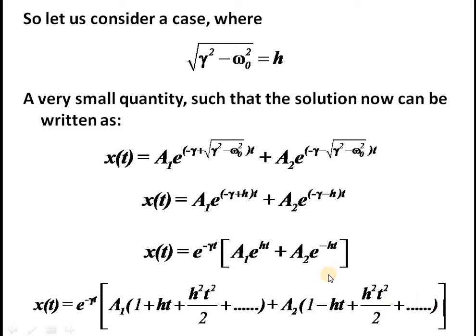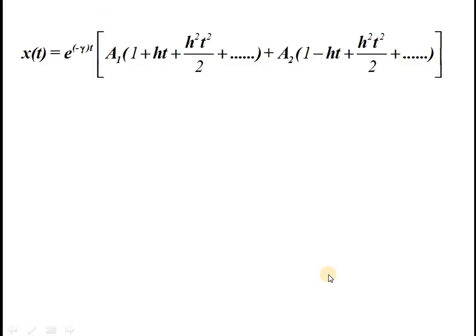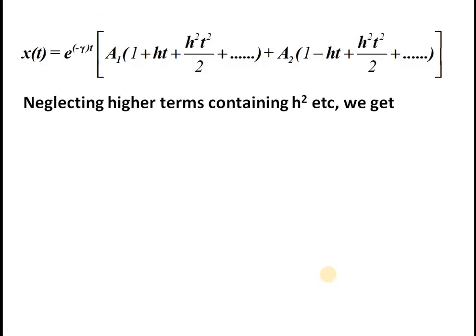So what we can do now, since I have told that h is a very small quantity, h square will be again much smaller than h. So you can see the third, fourth term, etc. will be negligibly small.